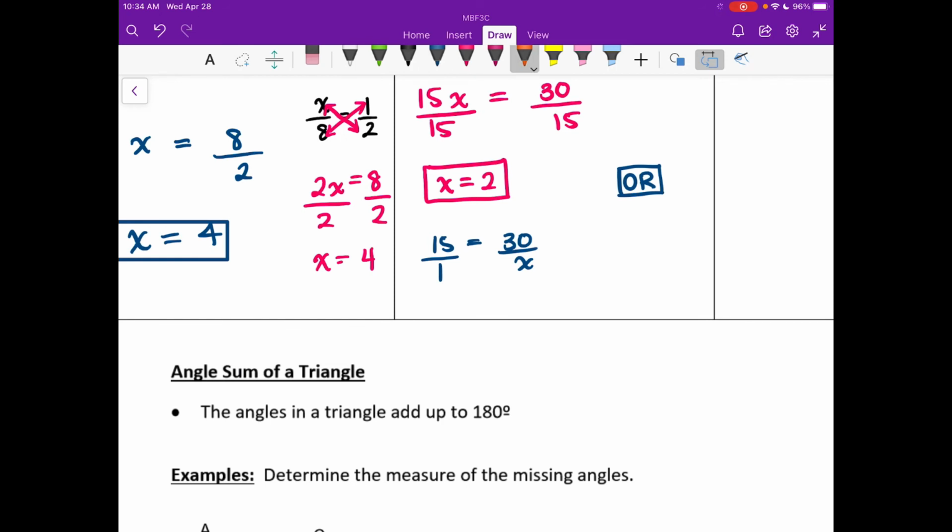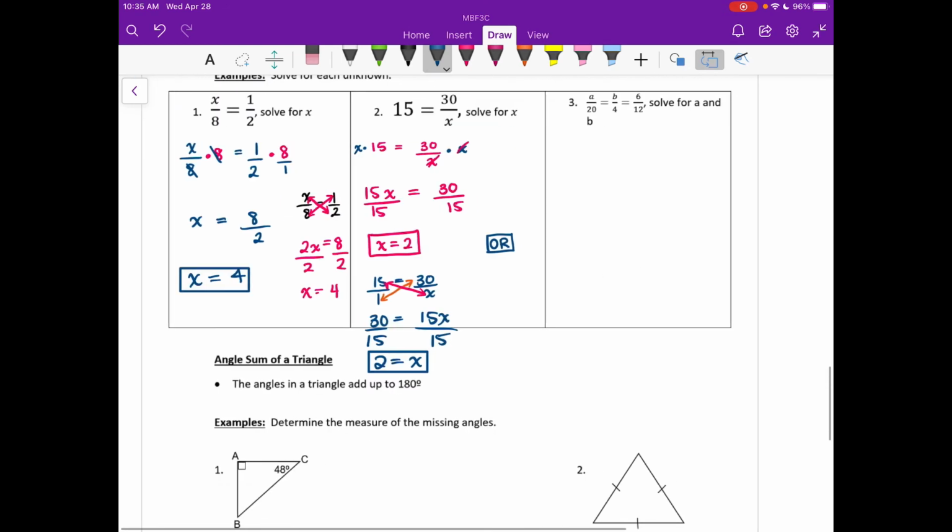I can cross multiply. I can say, okay, I have 30 and 1. Multiply those together. 30 times 1 is just 30. 15 and x. Also, 15 times x is just 15x, right? Same idea. Divide both sides by 15 because I want to get rid of the 15 in front of the x. And I'm left with 2 equals x. Either way is correct. Doesn't matter which way you do it.